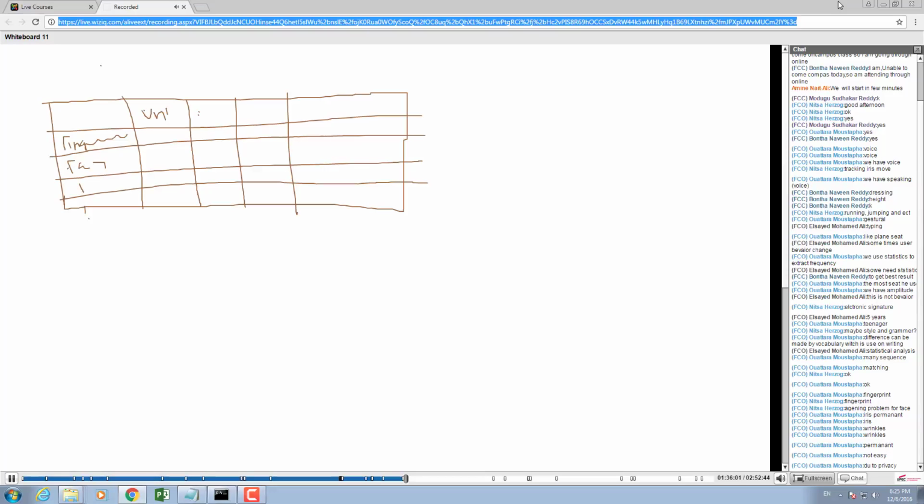So here we can write uniqueness. Here we can use, I don't know, acceptability. We can use collectability, and so on. All the characteristics that we are looking for. Okay? So here you can add all the characteristics 2, 3, 4, and so on.